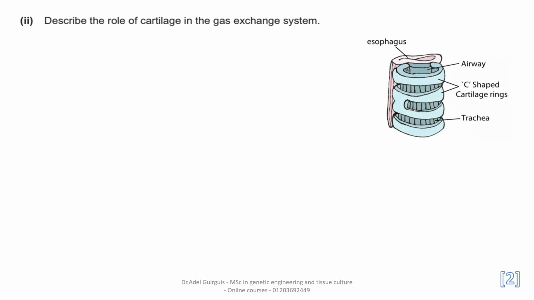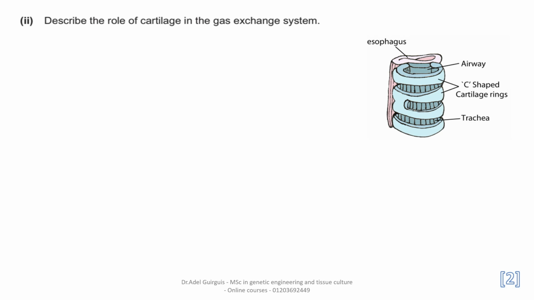Part ii describes the role of cartilage in the gas exchange system. What is the role? Look at the trachea, and behind and parallel to the trachea lies the esophagus, at the back of the trachea. What is the importance of cartilage in the gas exchange system, either in the trachea, larynx or bronchi? It prevents collapse of the air pathway during inhalation and exhalation.